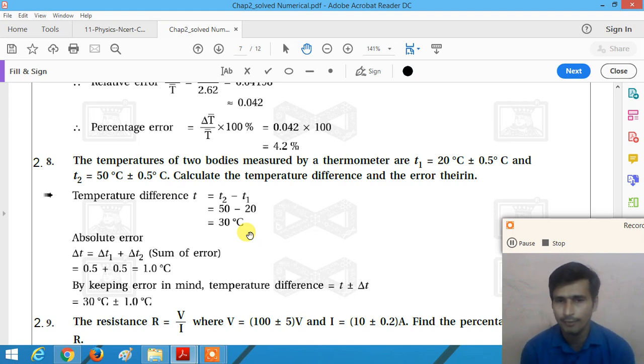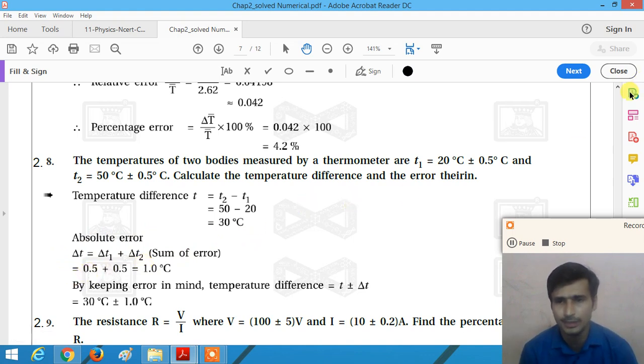So the average absolute error in addition or subtraction is the sum of the individual errors. So the average absolute error in the temperature difference, delta T, is equal to the absolute error in the first measurement plus the absolute error in the second measurement. Here the errors must be added, right?